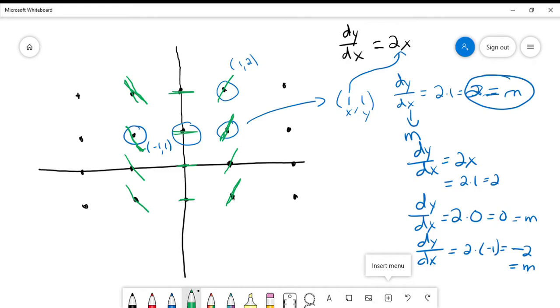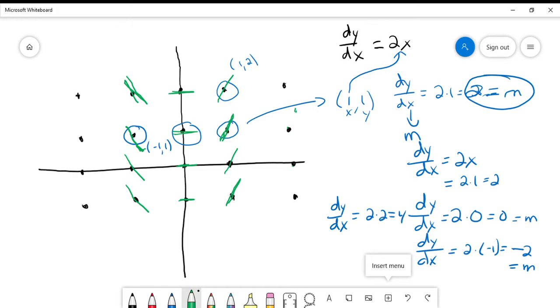And if I go over here, to all of these ones that have an x-coordinate of 2, and I plug those into dy dx equals 2x, if the x-coordinate is 2, 2 times 2 is 4, then these slopes of the tangent line are going to be even steeper.